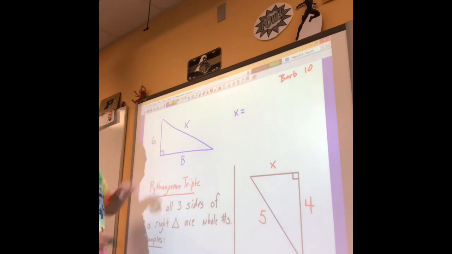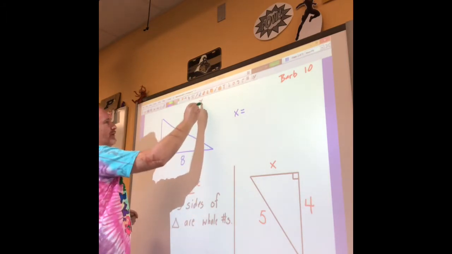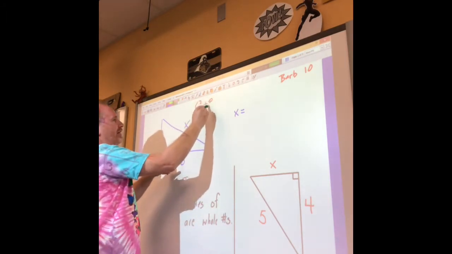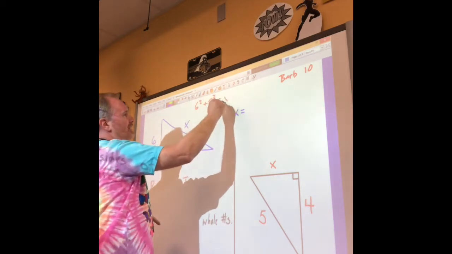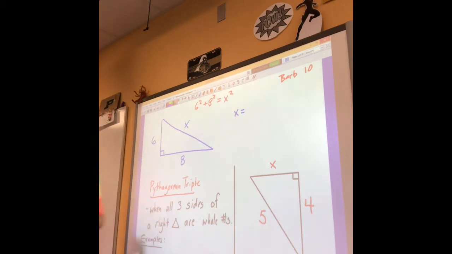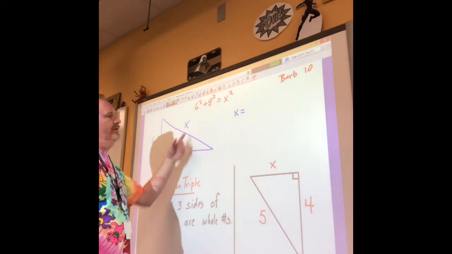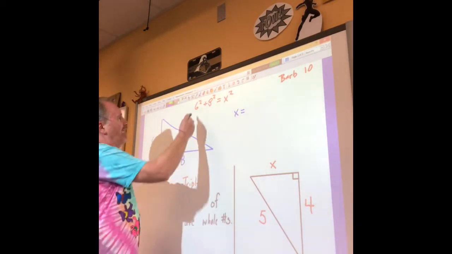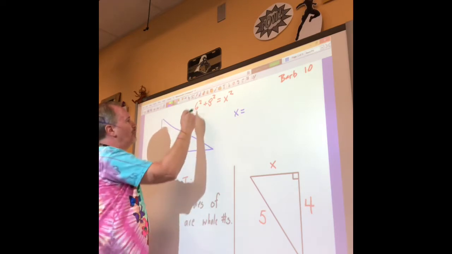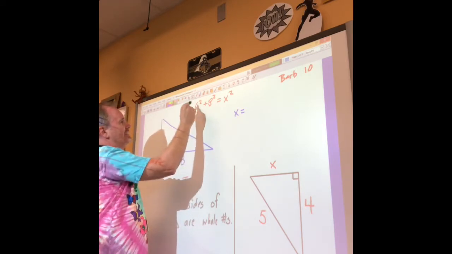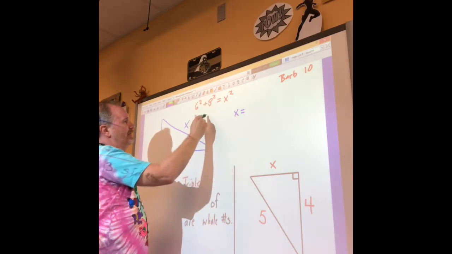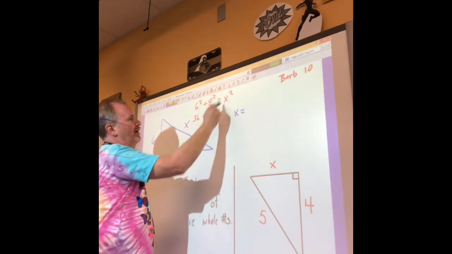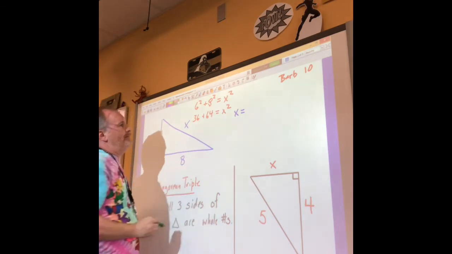Again, 6 and 8, like she said, are the legs, so we'll go 6 squared plus 8 squared equals the hypotenuse squared, which that's the missing piece, so that's the x. You can write a c there if you like, but we're solving for x. All right, so 6 squared, again, is not 12, it's 36. That means 6 times 6, not 6 times 2. And same thing with the 8. 8 squared is 64, and that equals x squared.